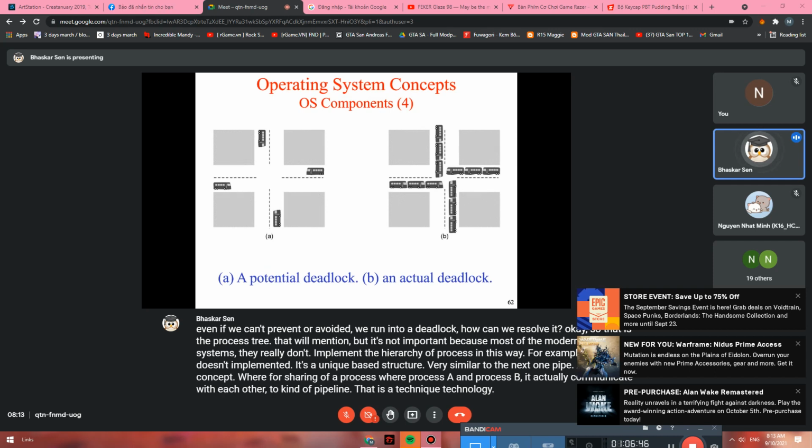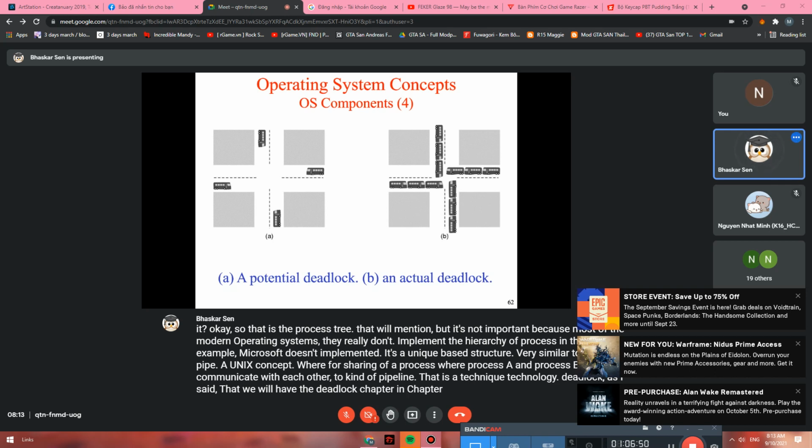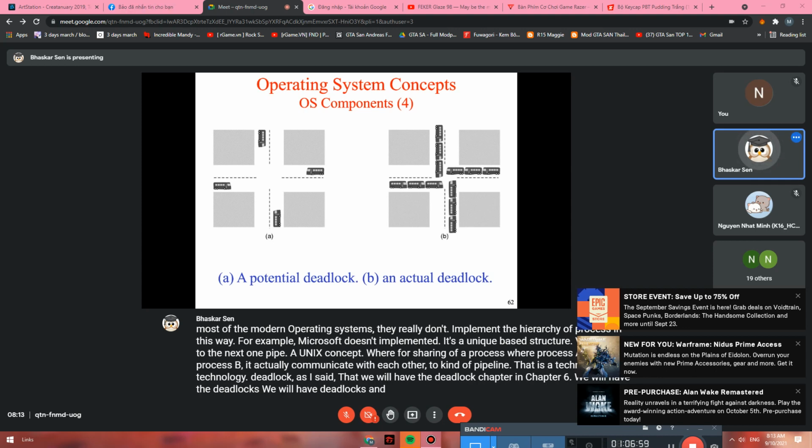Deadlock, as I said, we will have in the deadlock chapter, chapter 6. For deadlocks, we will first try to predict if there's a possibility of a deadlock.